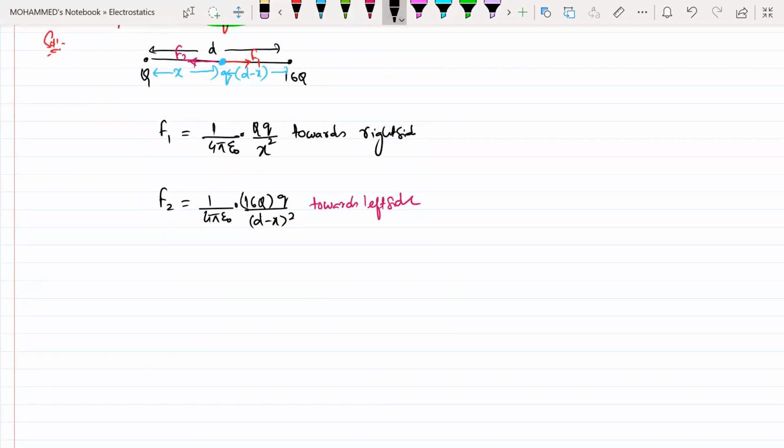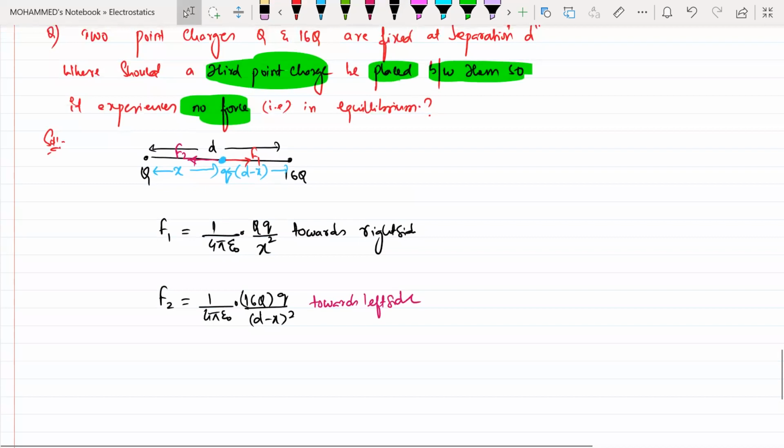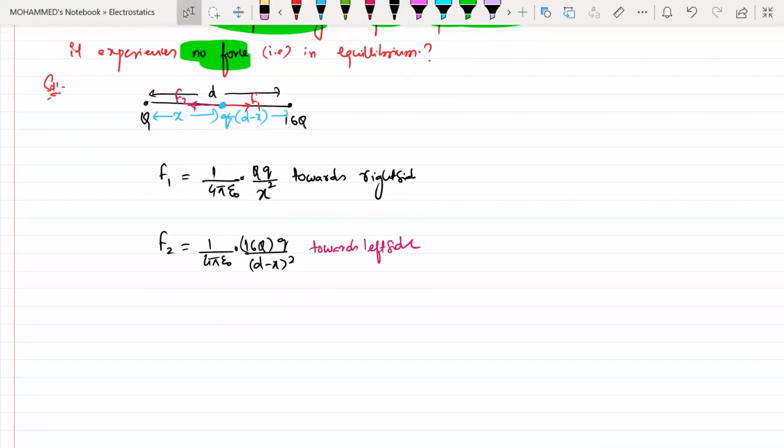Now, for both of them to be in equilibrium, the net force on q must be equal to zero. The net force on q is zero when F1 is equal to F2. The minus sign indicates only direction, and that direction I have already taken in the diagram.